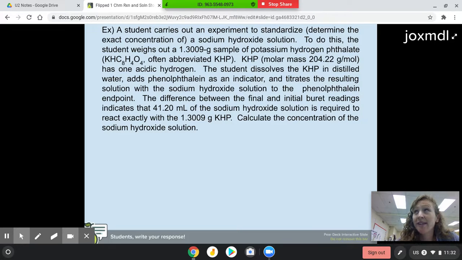Questions before I start? When you start, do you convert the grams to moles? Because they give you the liters, so you convert grams to moles. Yep. Okay.